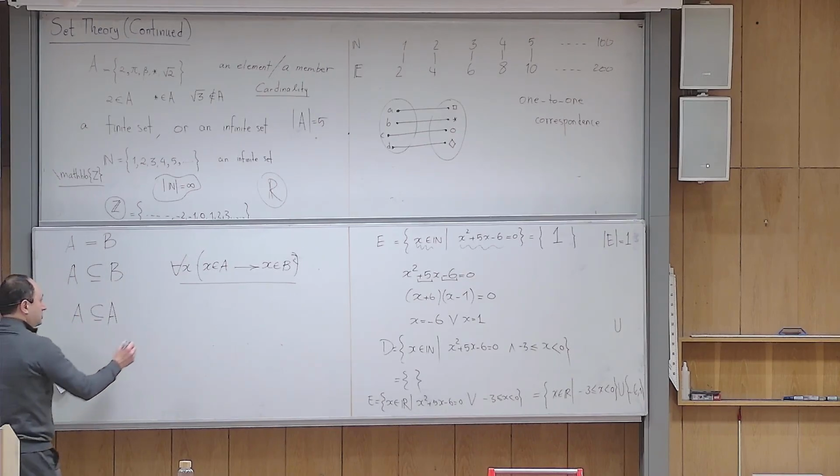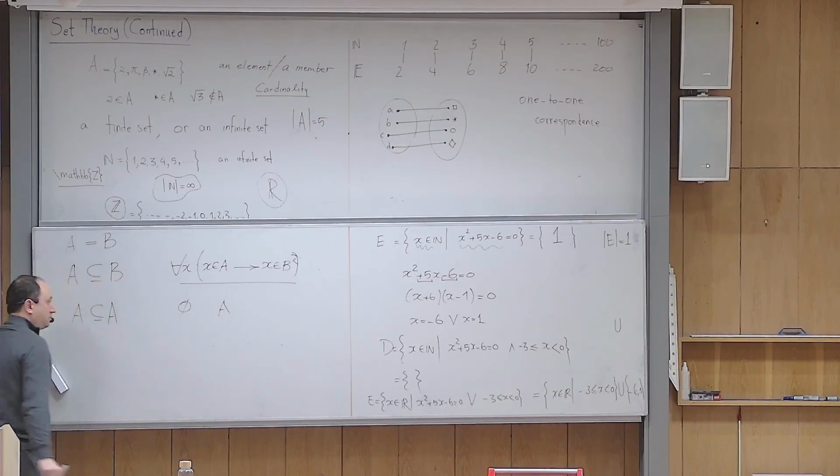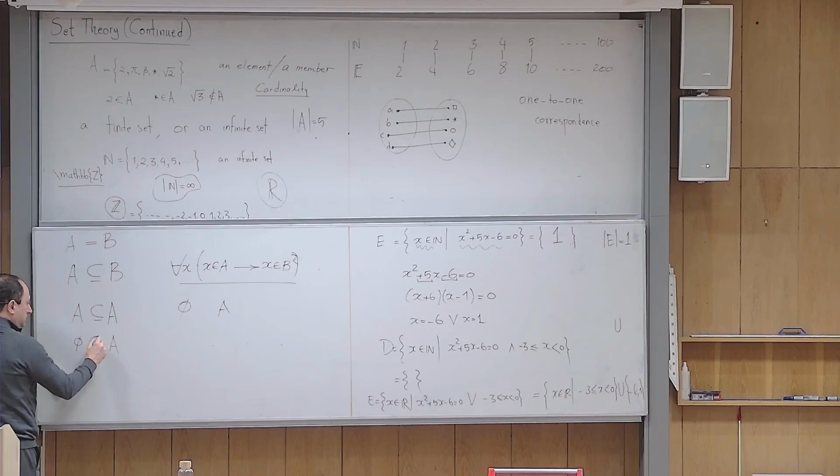Okay, do you remember the relation between the empty set and A, which was a little bit counterintuitive? If you give me any set, and even if I don't know what the elements of this set are, can I write this for sure or not? So that was also true, remember? The empty set is a subset of every set.